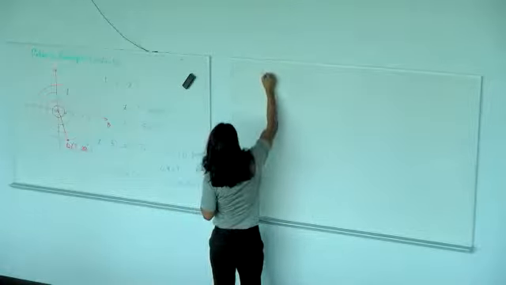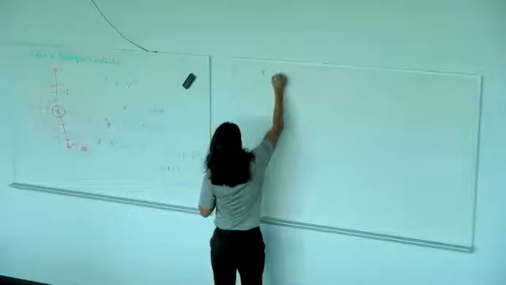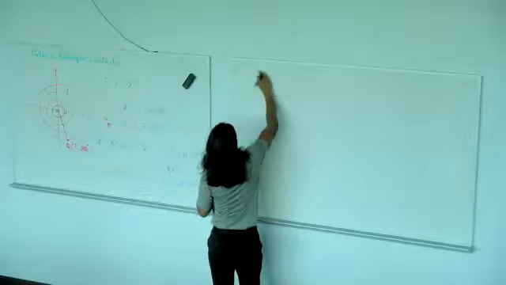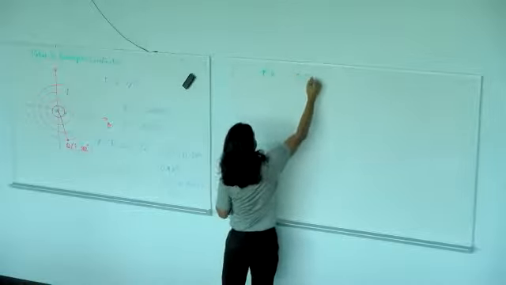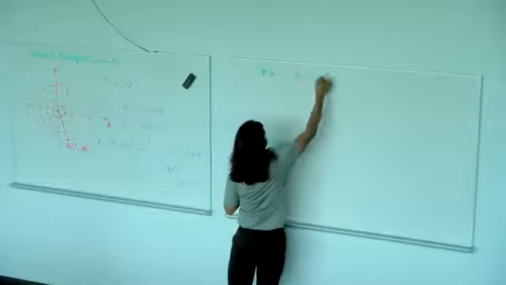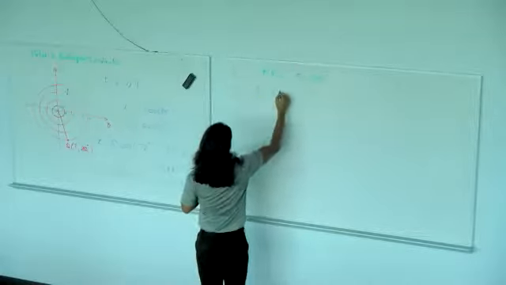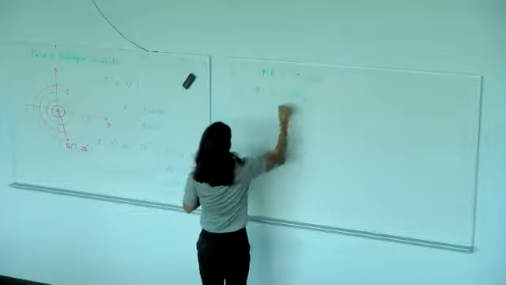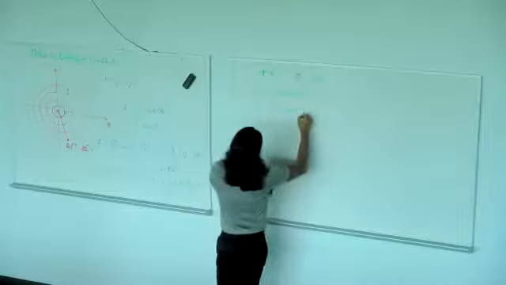So we know the radius here is 1, and theta is given to you as 282 degrees. We want to convert, so x is r cosine theta, y is r sine theta.